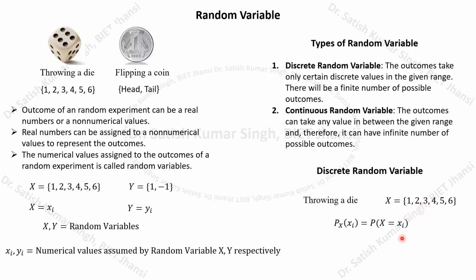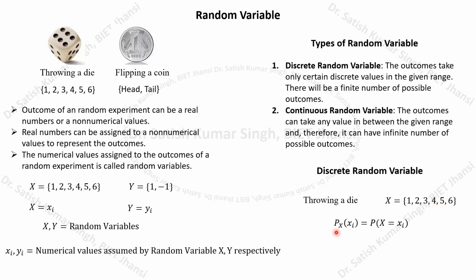Here I can define the probability P(X = xi), which means the probability that this random variable capital X will assume a certain value xi. This xi is nothing but 1, 2, 3, 4, 5, 6, one of the values.